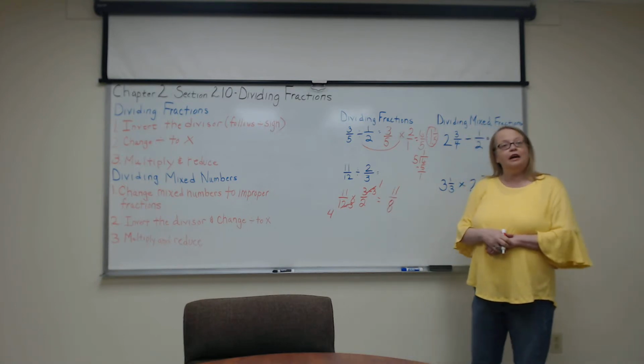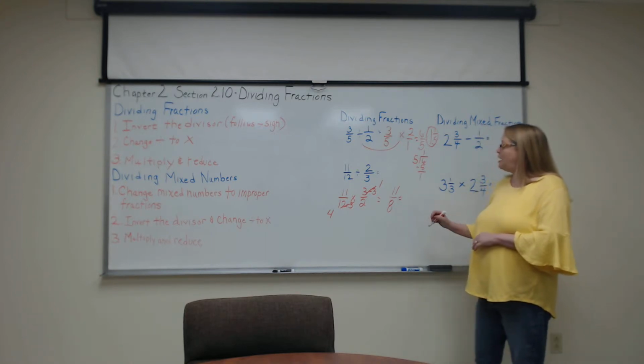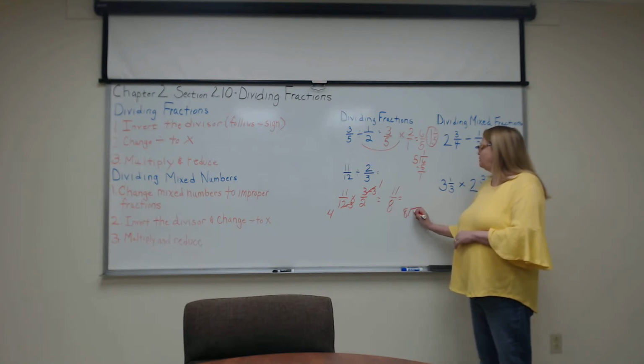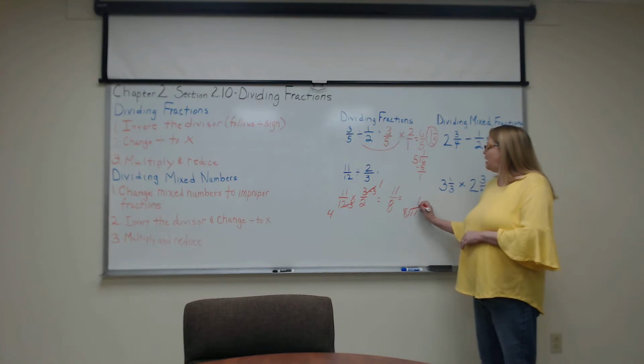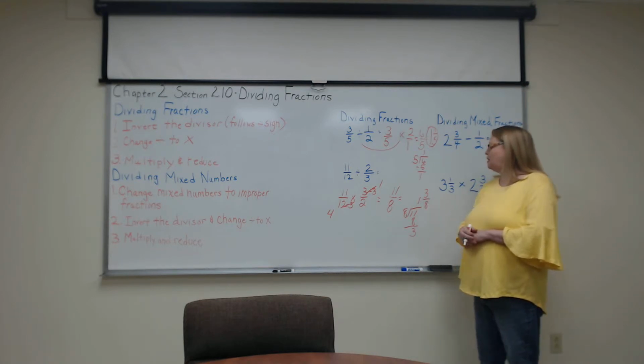So let's change this around so that 8 goes into 11 one time. 1 times 8 is 8. And that leaves us with a remainder of 3. So then we have 1, and 3 becomes our new numerator, and 8 remains the denominator.